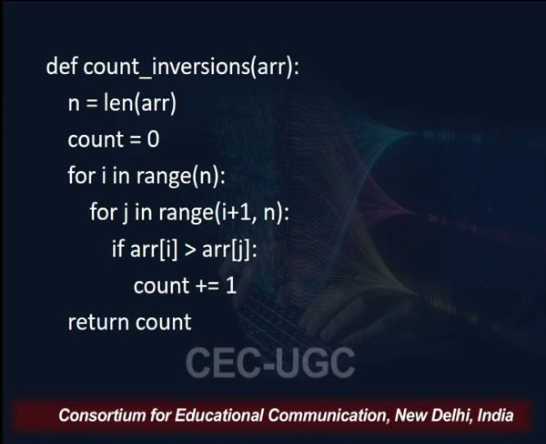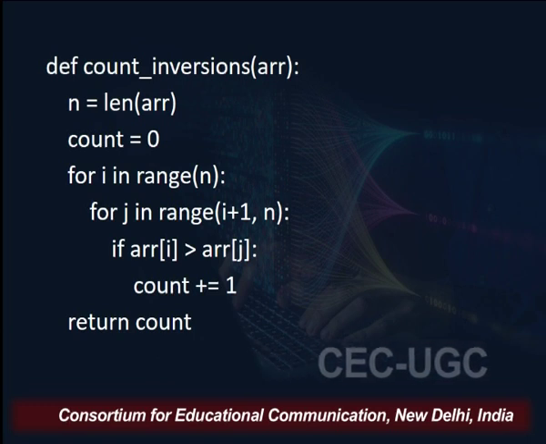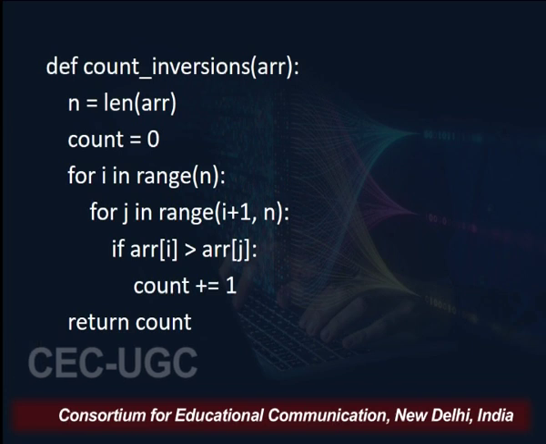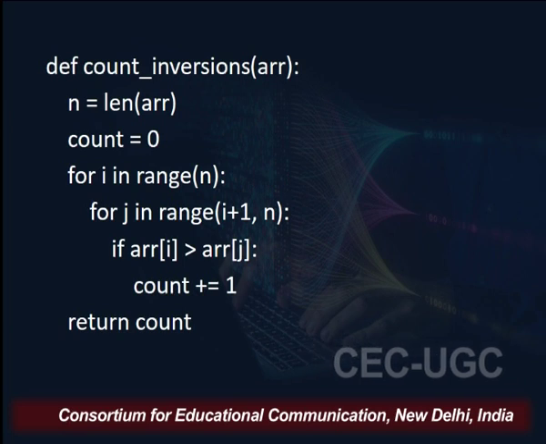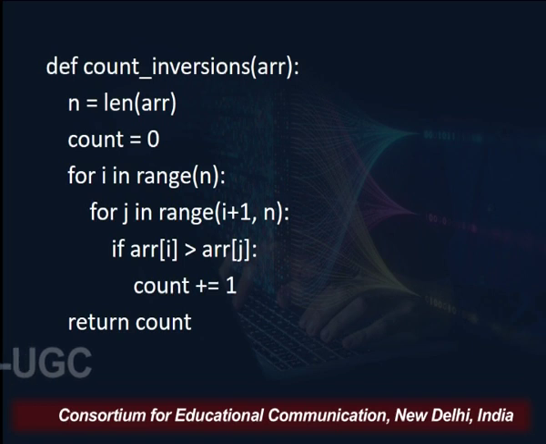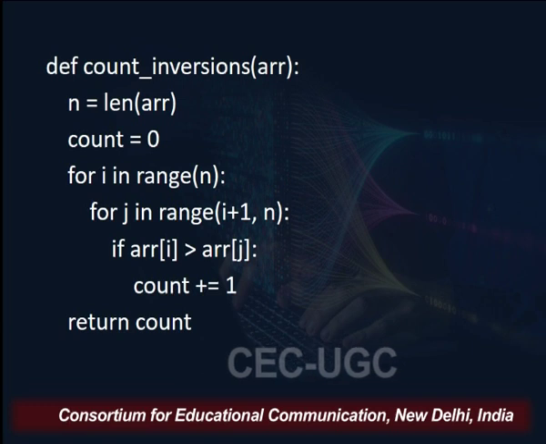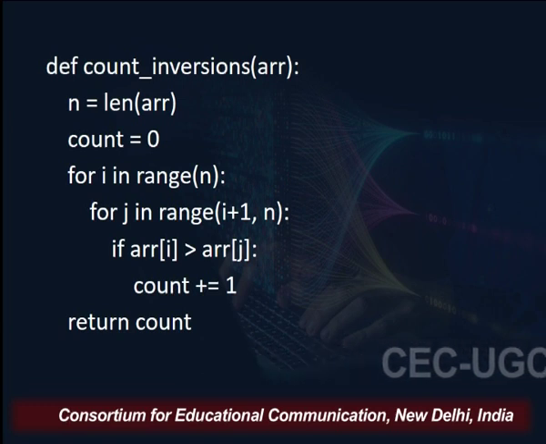We have count_inversion, which is the name of the function. We pass the array, and the length of the array is n. Initially the count is equal to 0, and for every i in the range n, for every j starting from i plus 1 to n.